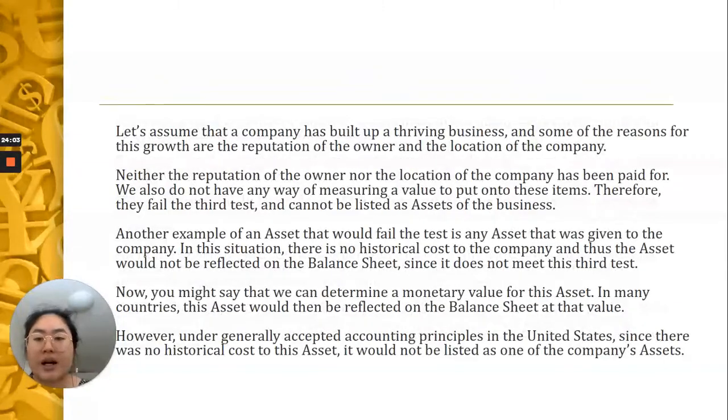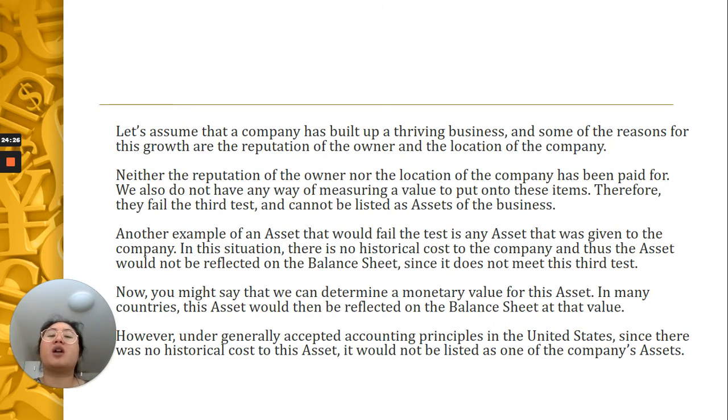Continue with this one. Let's assume that a company has built up a thriving business, and some of the reasons for this growth are the reputation of the owner and the location of the company.